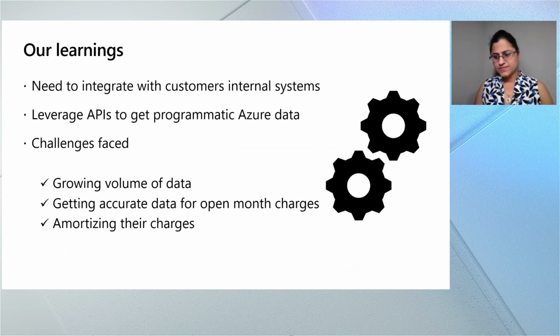Also, if they have something like RI purchases, they would like to see the amortization of the charges in the view. So when we built this async usage details API, we considered all the key learnings around the data volume growth and our customers' interest in getting accurate pre-bill charges with amortized view. Let's take a look at the API call pattern.